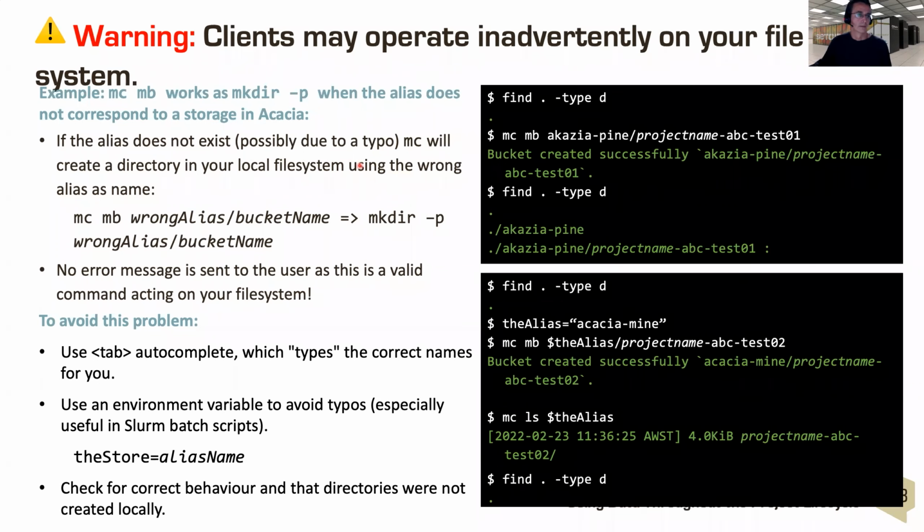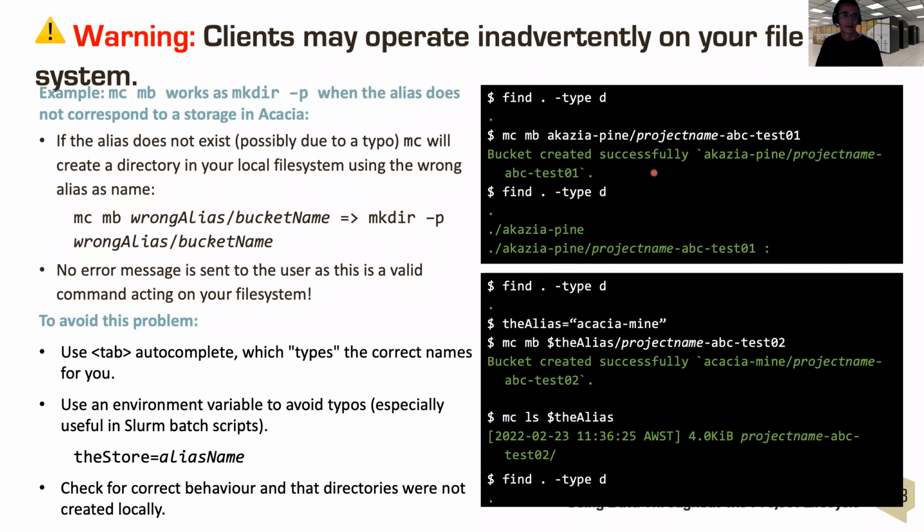For example, this is something that happens with MC. MC mb, make a bucket, will be understood as a mkdir -p Linux command, creating a directory, if MC is not dealing with something in an object store.